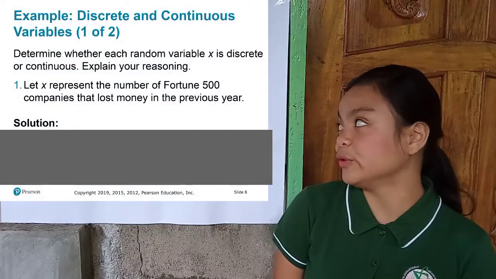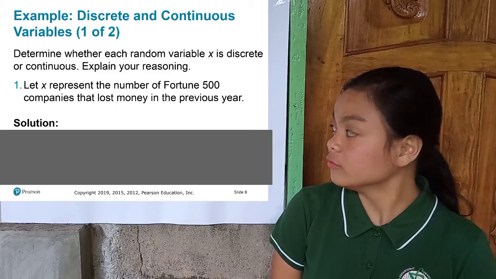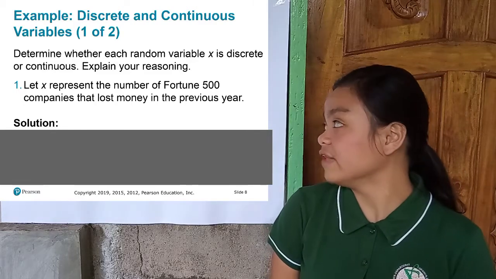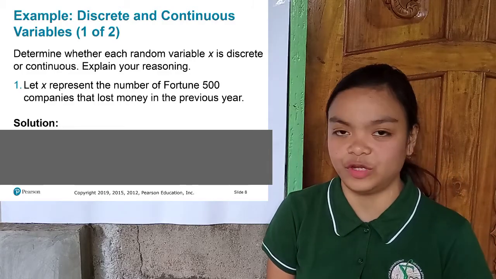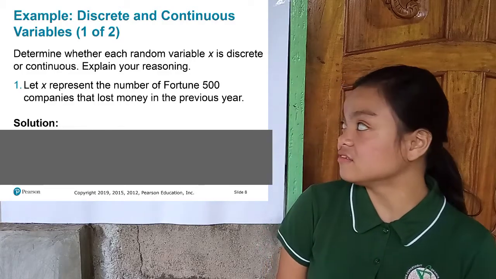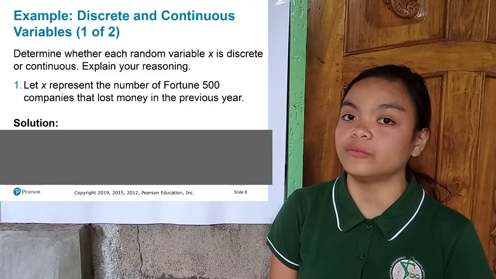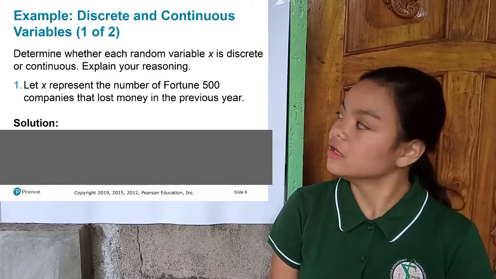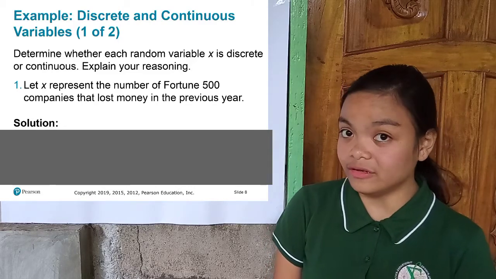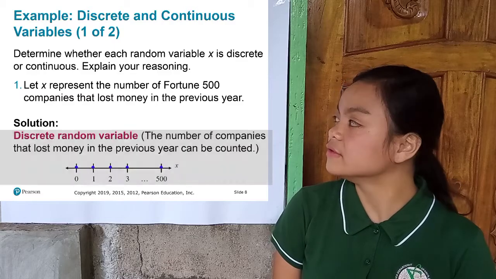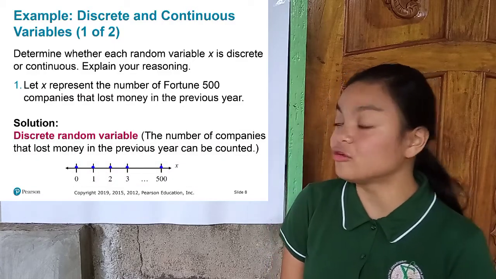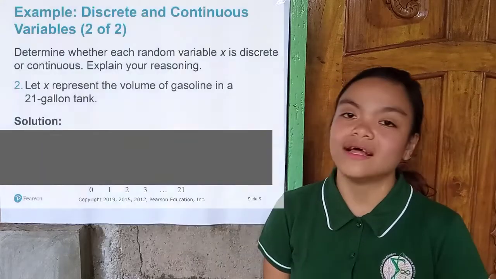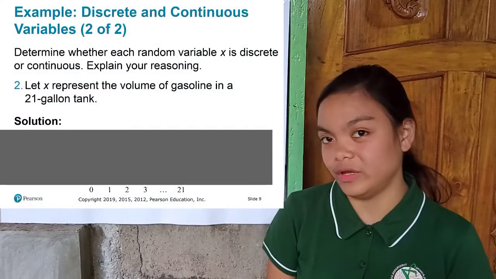Given this example 1.2, let X represent the number of Fortune 500 companies that lost money during the previous year. Is X a discrete random variable, or is it continuous? Can X be counted or measured? Yes, since X can be counted, this is a discrete random variable. Let's proceed to example 1.3.